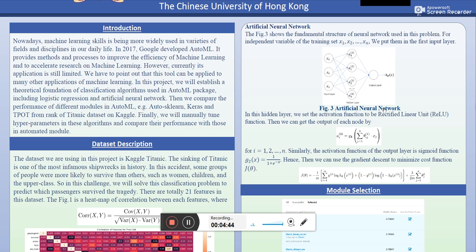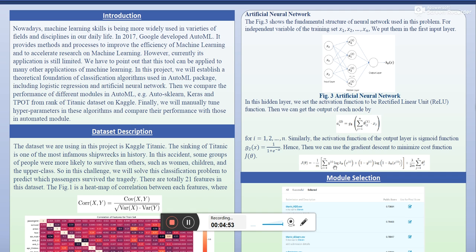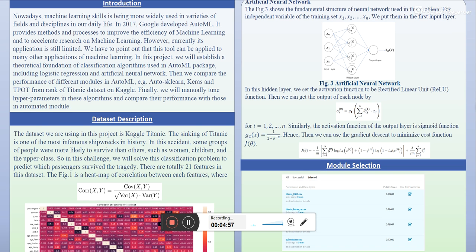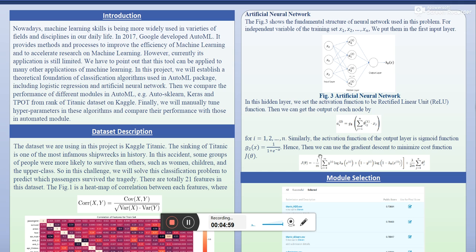Similarly, we applied the sigmoid function in the second layer to get the outcome. Hence, we can use the gradient descent again to minimize our cost function J of theta.